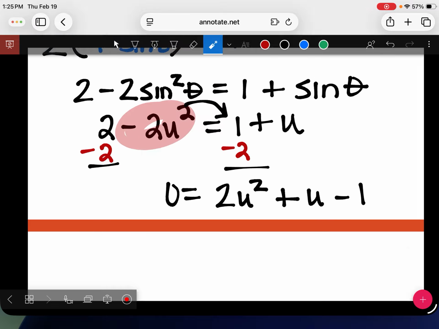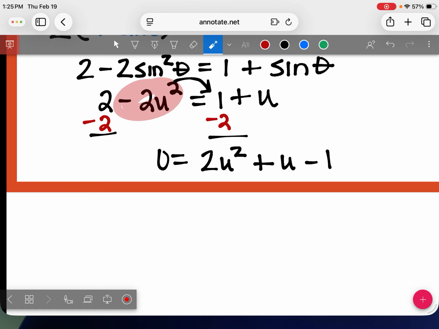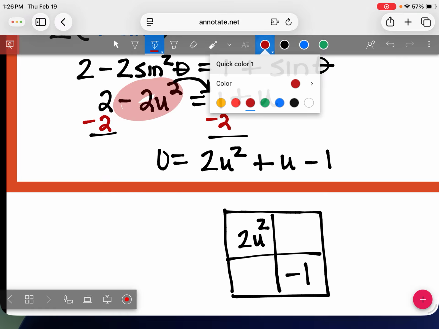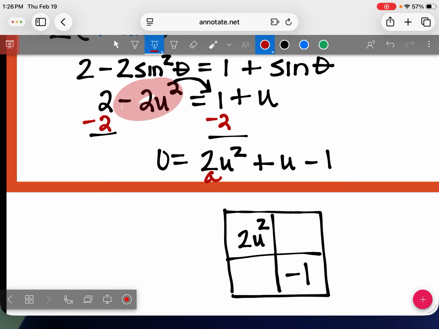Okay, we got to make a box. Go through the steps one more time. Make your box. 2u squared goes here. Negative 1 will go here. I need two numbers that multiply to be a times c and add to give you b.